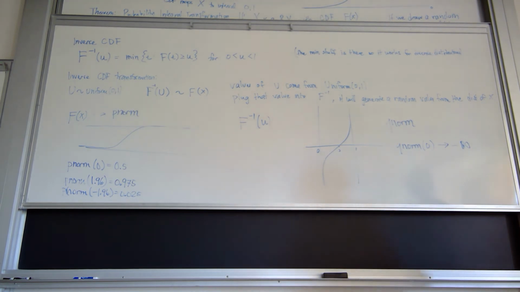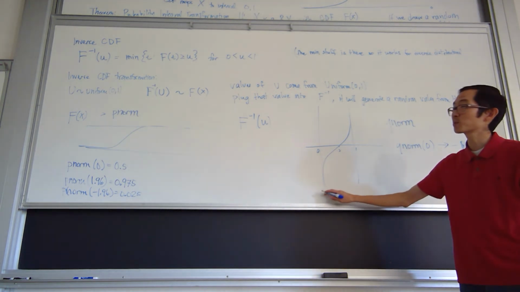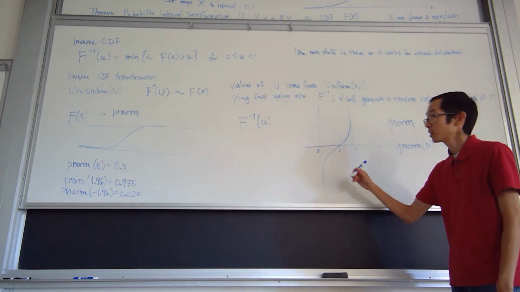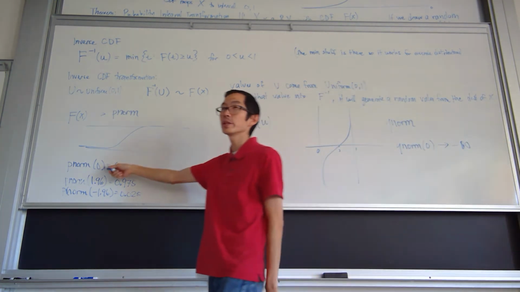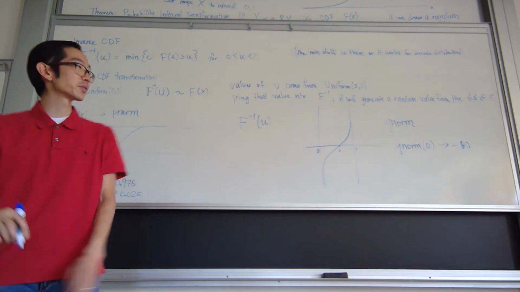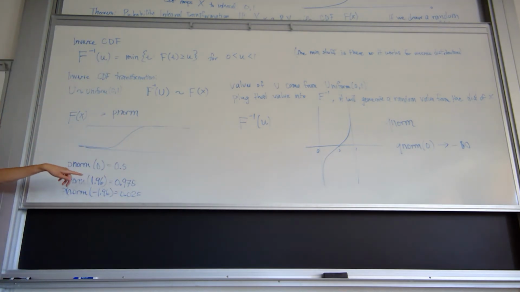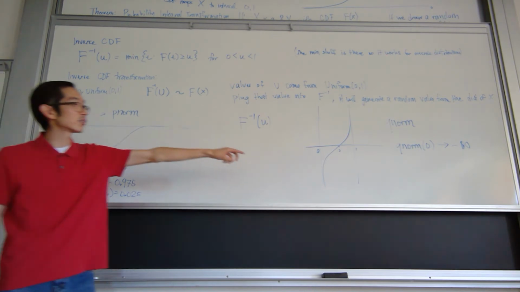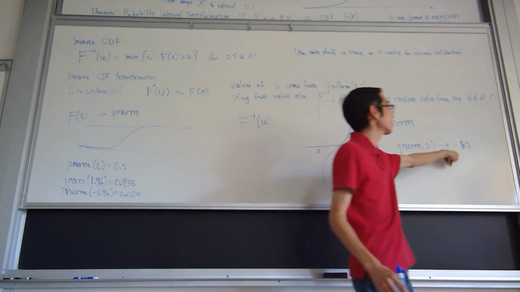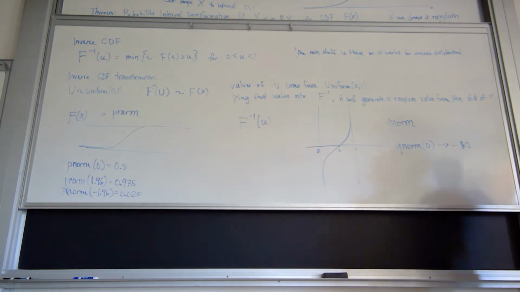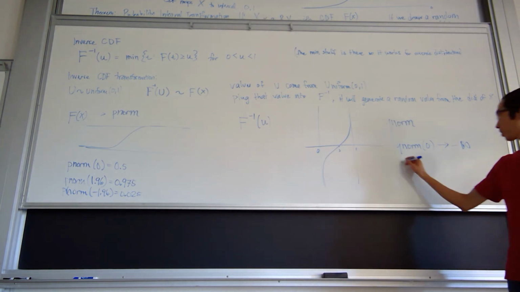Because it's what value do I have to plug into pnorm for it to produce 0? Well, pnorm of negative infinity will give me 0. So qnorm of 0 says the value you plug into pnorm is negative infinity.